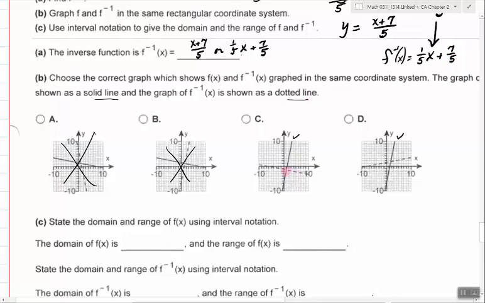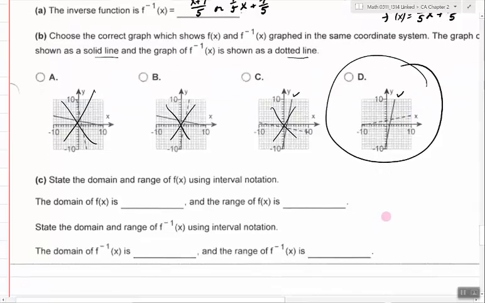Can you see that it's negative? That can't be right. Is this y-intercept between 1 and 2? Yes. Also, this dotted line has a positive slope. This dotted line had a negative slope. So I matched my two lines with this graph.